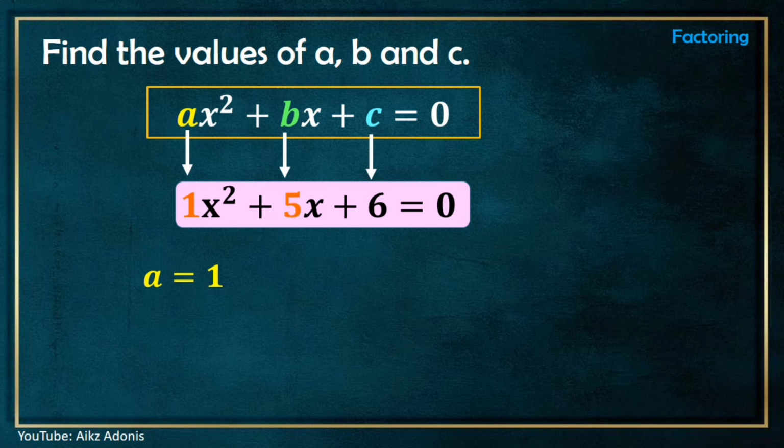What is the value of b in this equation? Very good. The value of b is 5 because the numerical coefficient of x is 5. How about c? Remember that c is the constant. So, what is the value of c? You've got it. c is equal to 6.